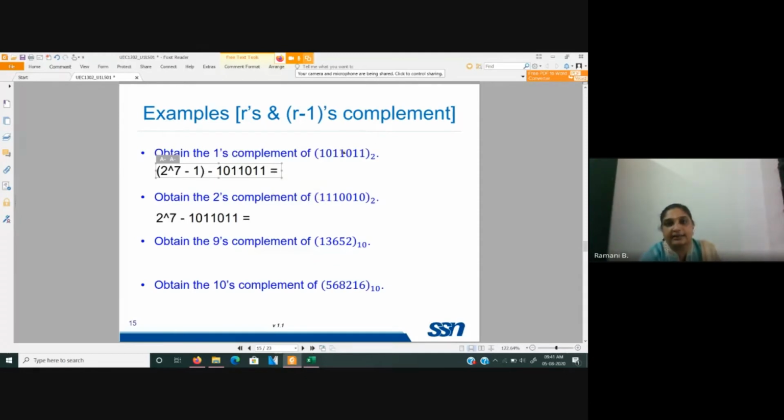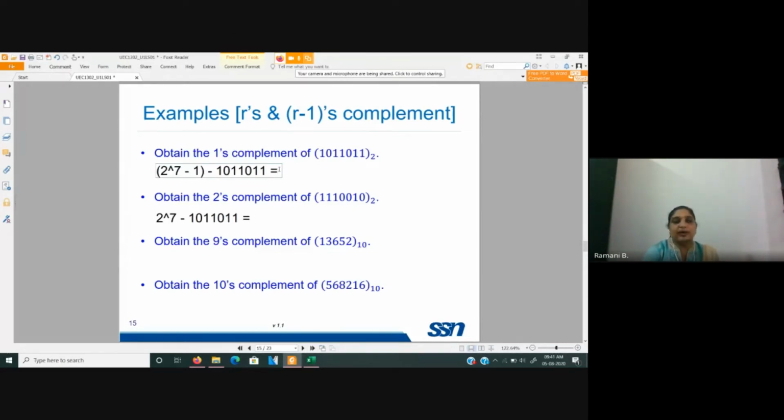Here in the example, you have totally 7 digits. So R^n will be 2^7 minus 1 minus the given number. Here this R^n, you convert it to binary.